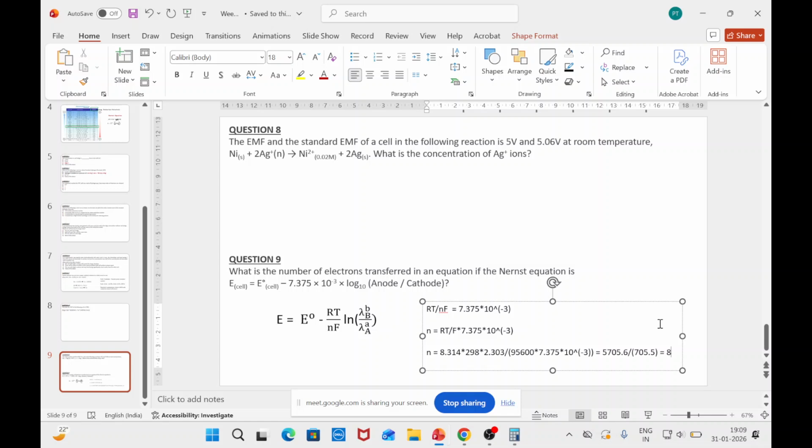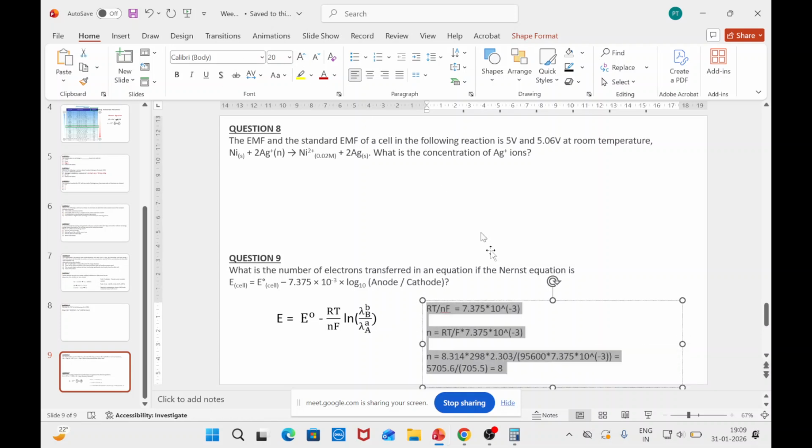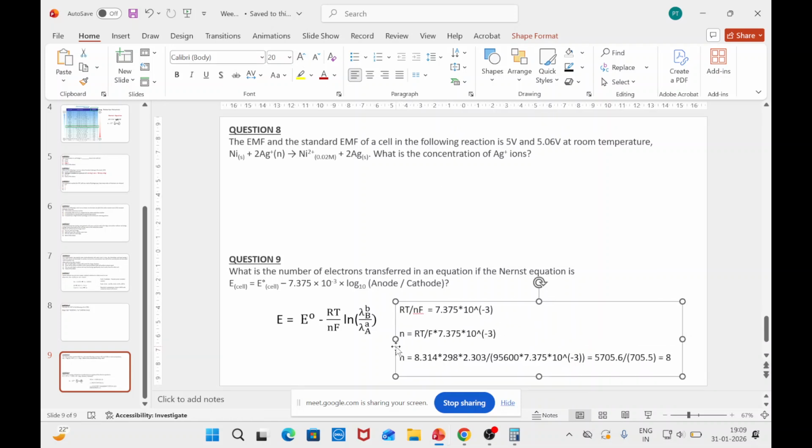After this we will deal with a few numericals and then I'll close the session by 7:15. It's the value of the Faraday's constant. I wantedly took the value as 95600. Faraday's constant value is 96500.